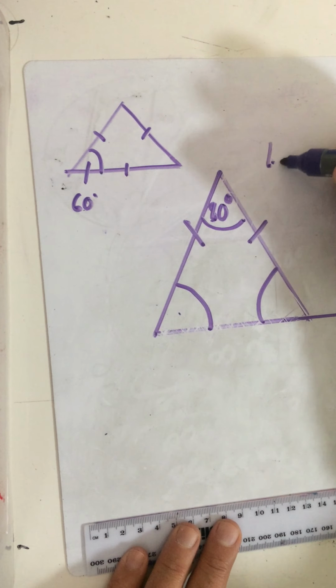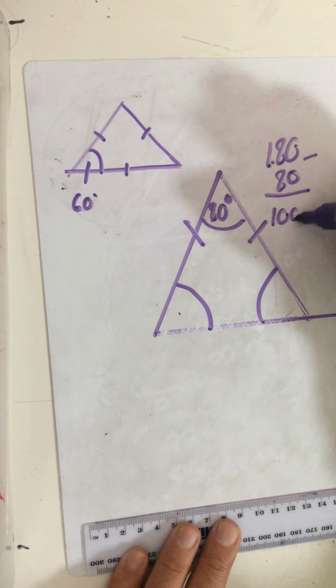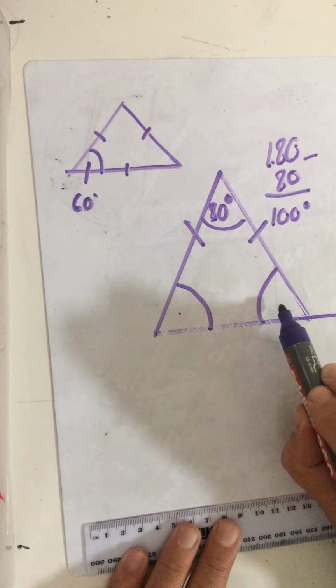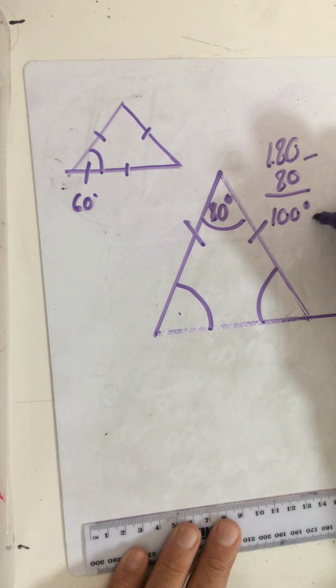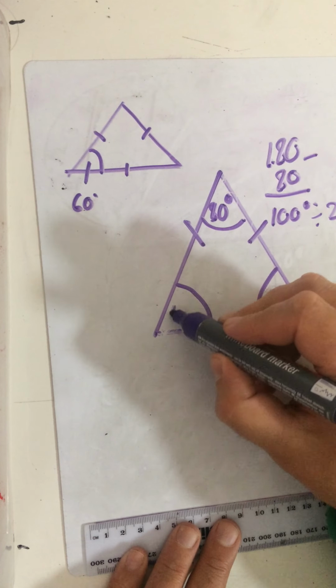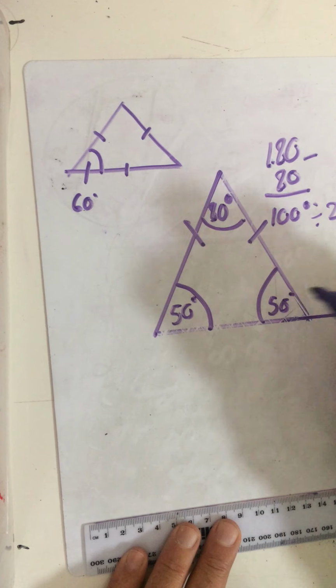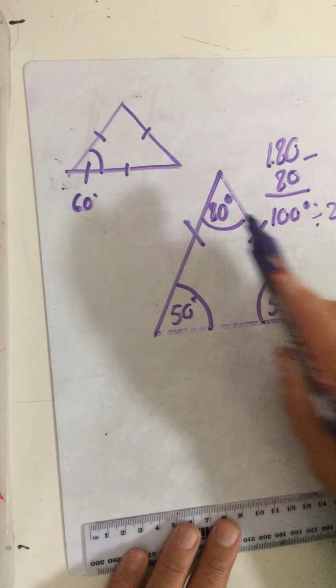So I'm going to do 180 minus 80, which is 100 degrees. So this angle and this angle, when added together, are 100. Now I know they're exactly the same, so I'm going to divide by 2. I'm going to halve it. So I know that each angle here is 50 degrees. And let's just check: 50 and 50 is 100, and 80 is 180.